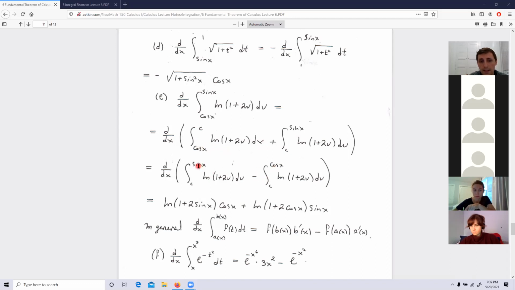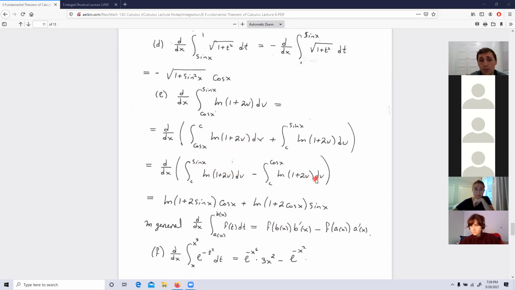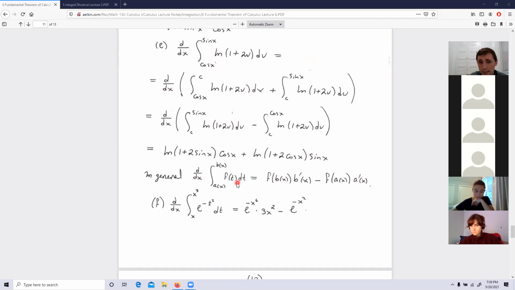So it's sine going in here times derivative of sine, and cosine going in here times derivative of cosine. And in general, guys, the derivative from ax to bx of the function is the function evaluated at bx times b prime minus the function at ax times a prime.